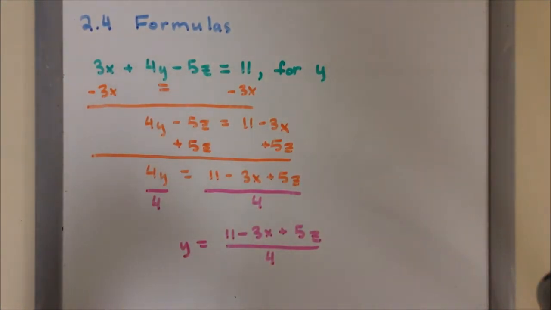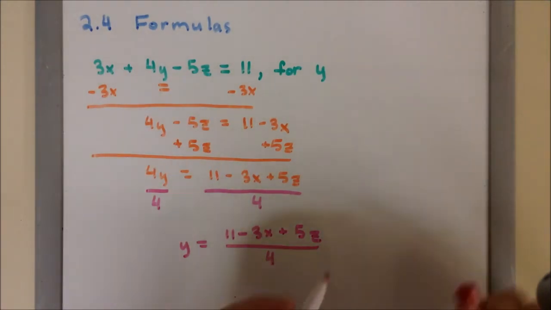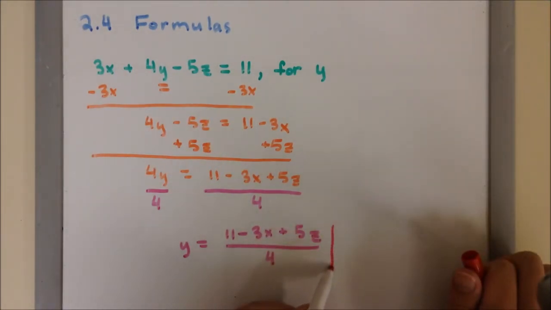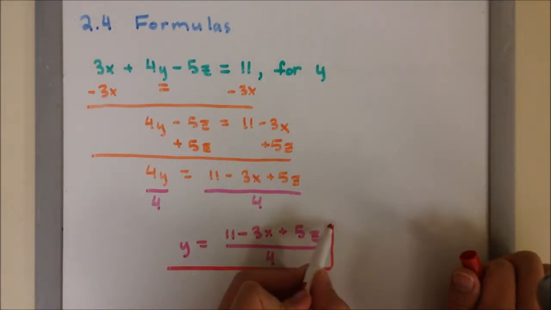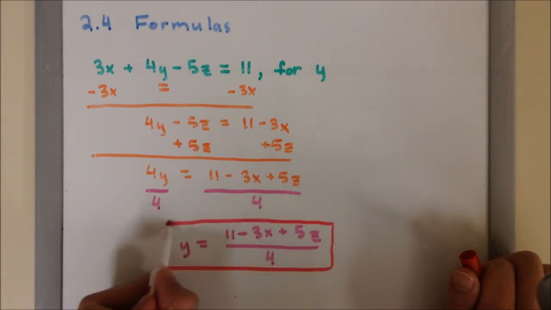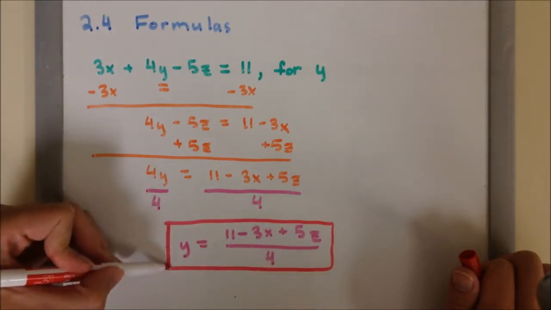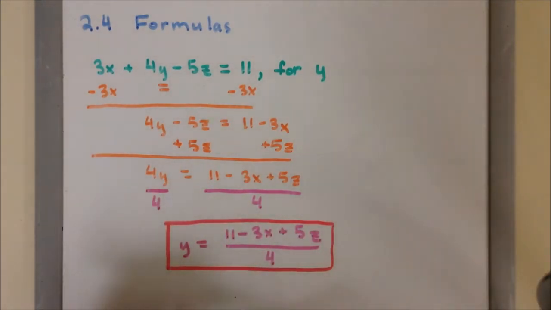And that will be our final answer, because I was able to get y by itself. And that's all you have to do: isolate, get y by itself, or have everything equal to y. And that's it.